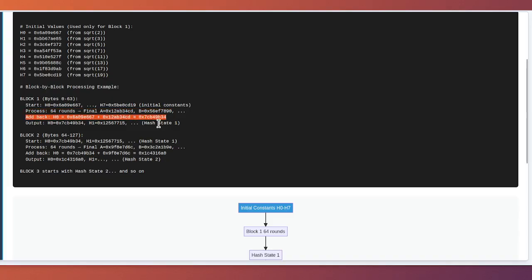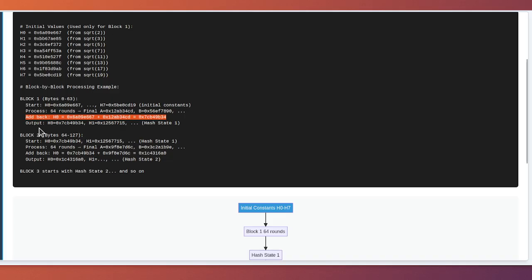Let's say it becomes beginning with 0x8f and ending with 2ab. B gets the old A value, beginning with 0x6a and ending with 67. E gets D plus T1, maybe beginning with 0xc7 and ending with B4. And so on. We continue through all 64 rounds, with each round further mixing the values.